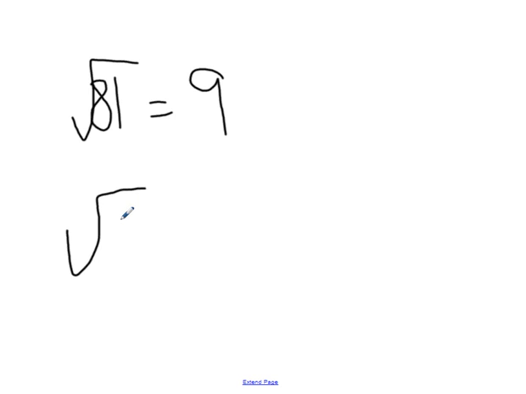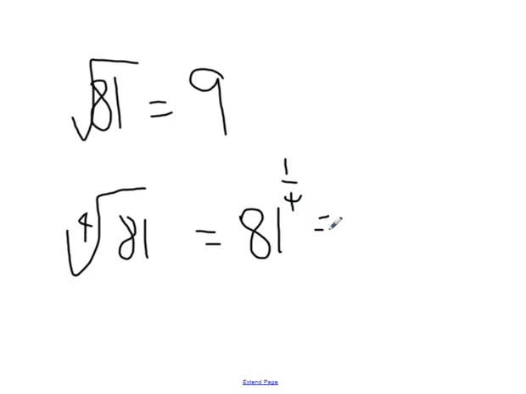We could say we want something like 81. If we want the square root of 81, we know that is 9. However, if we want this, which is to the power 4, we could write this as 81, and then we'll write to the power of a quarter. This is going to be 3, because 3 to the power 4 will give us 81.